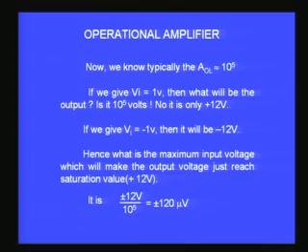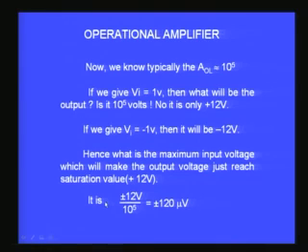And therefore, let us try to recalculate what will be the maximum input voltages corresponding to plus 12 volts, let us say. You know that input voltage can be obtained as plus 12 volts divided by the open loop gain 10 power 5. So, plus or minus 12 volts divided by 10 power 5 gives me 120 microvolts.